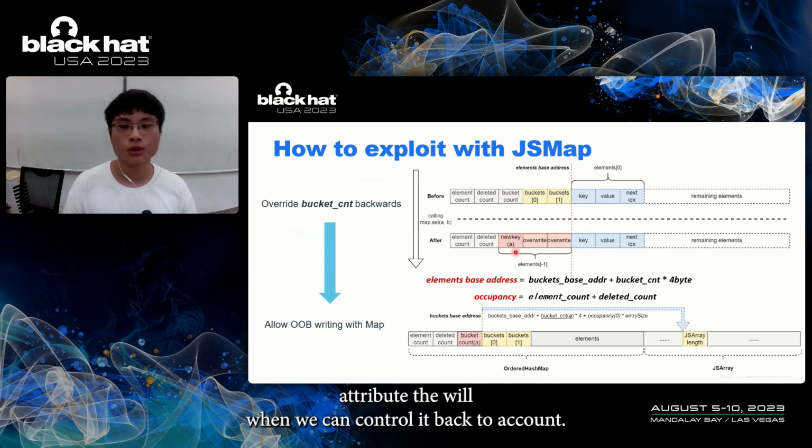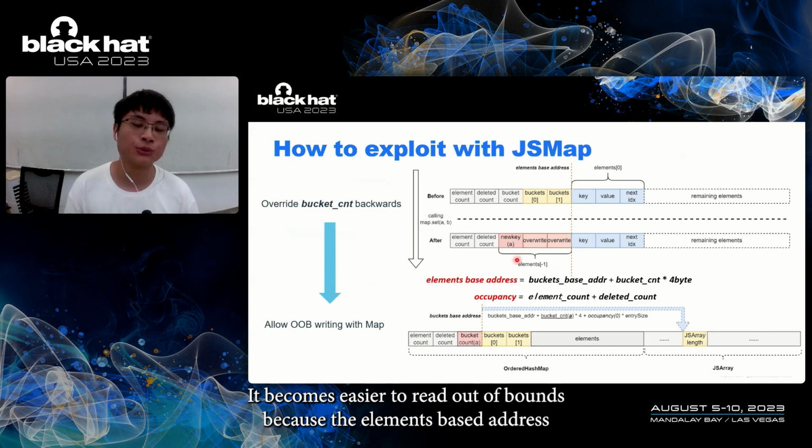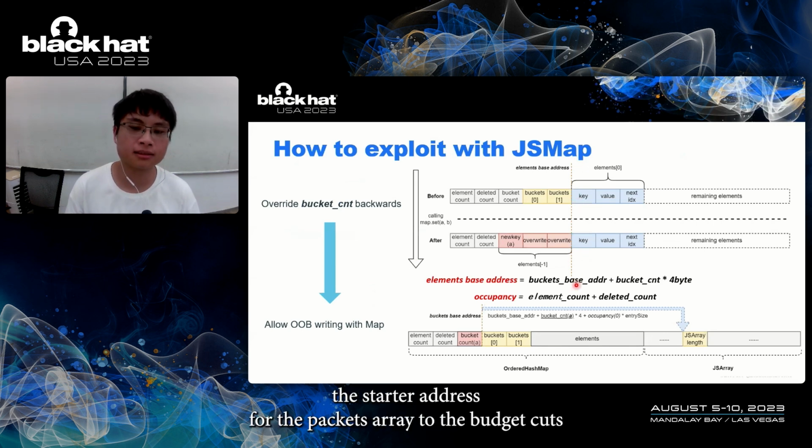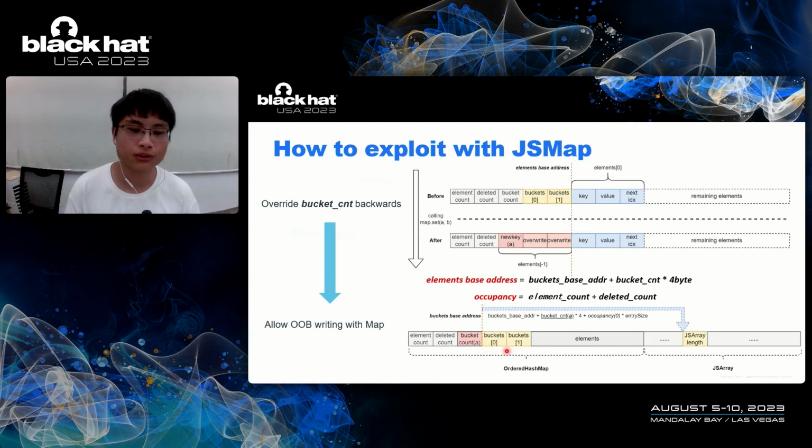When we can control the bucket count, it becomes easier to write out of bounds, because the element-based address when JS map sets a new element is obtained by adding the start address of the bucket array to the bucket count.